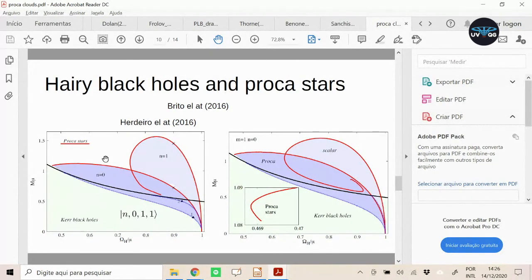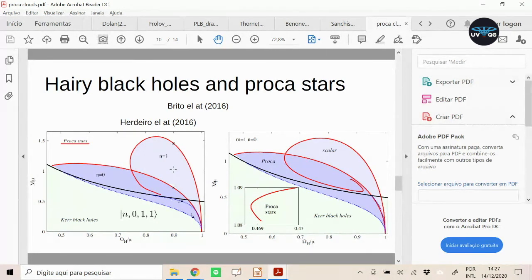So for any point, in principle, you can concentrate as much as you want, as long as it is inside this region. So for instance, for n = 1, you can concentrate more mass in the cloud. Yeah, but is that a Proca star, or only the vector field, or also forming a black hole with a cloud?